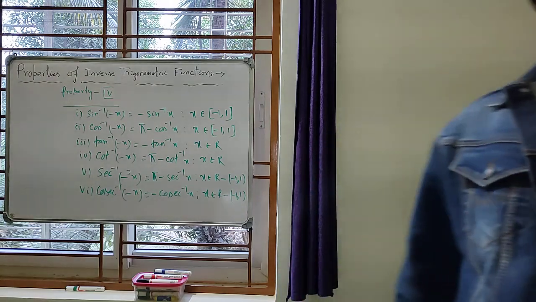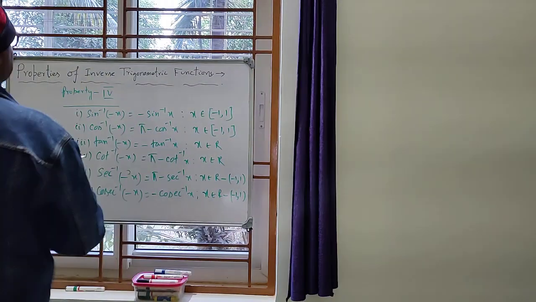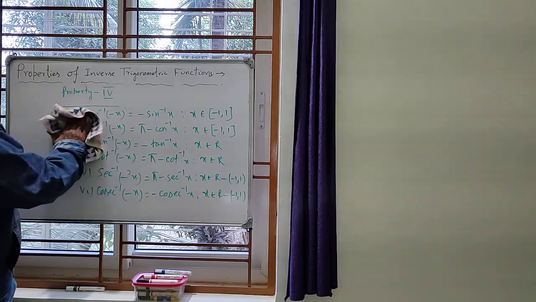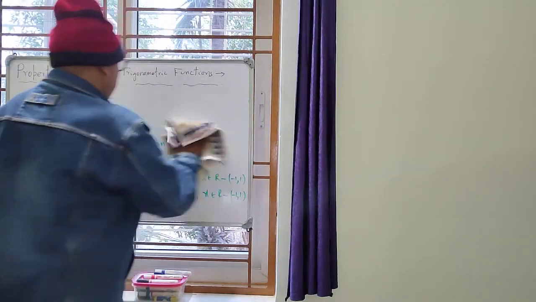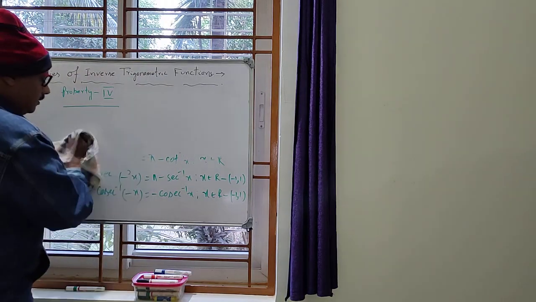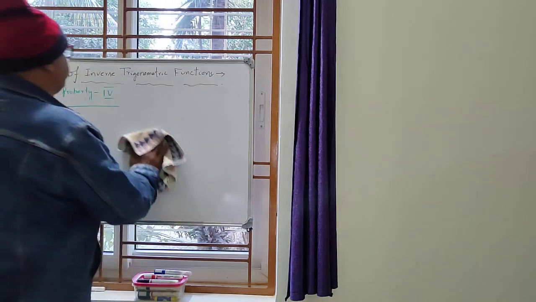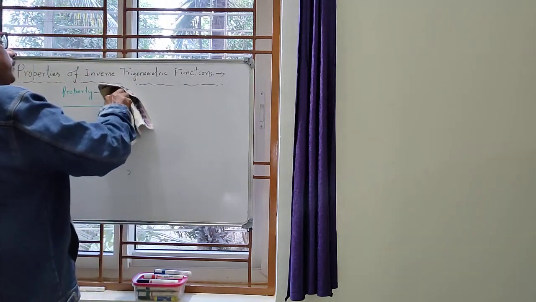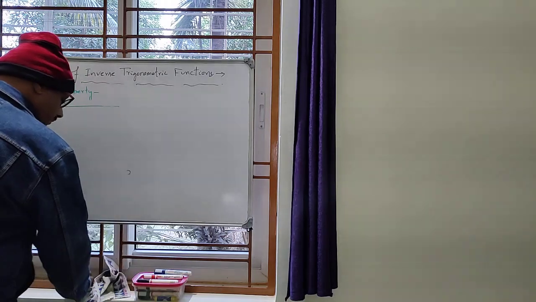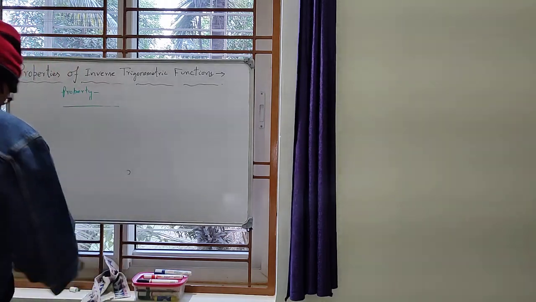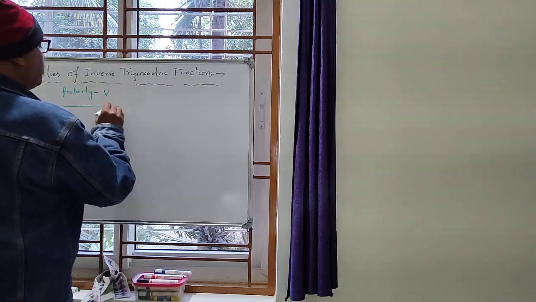Clear? Let me read it. Then property 5, or fifth property.